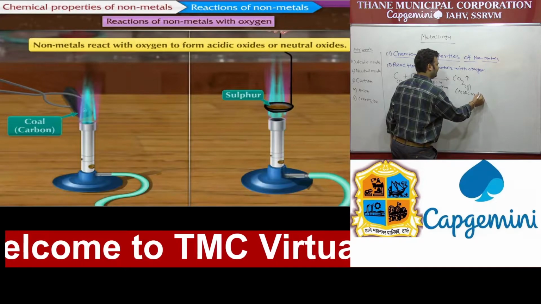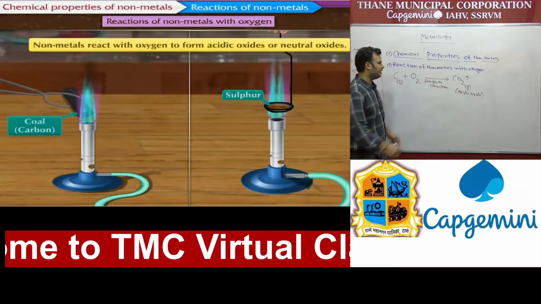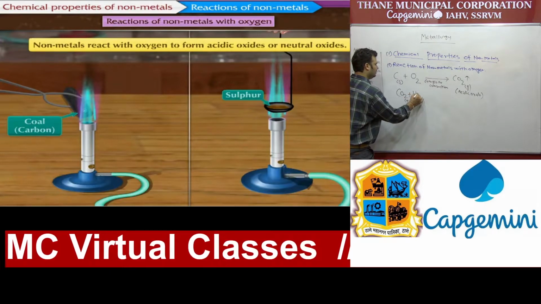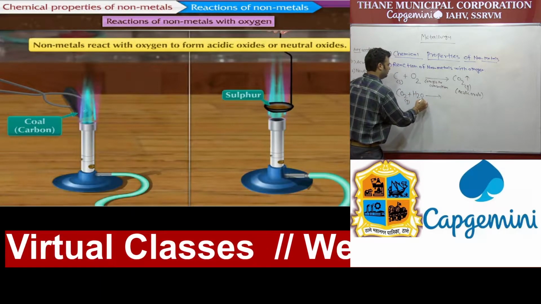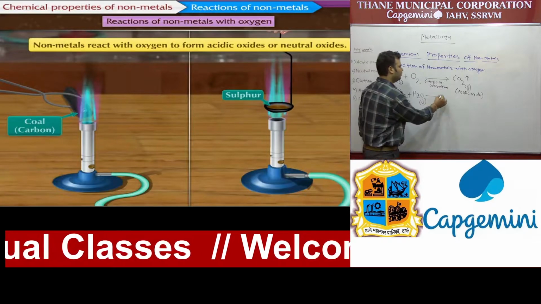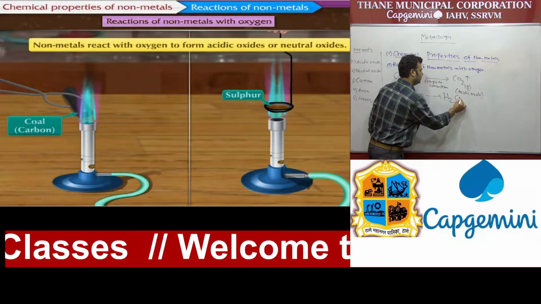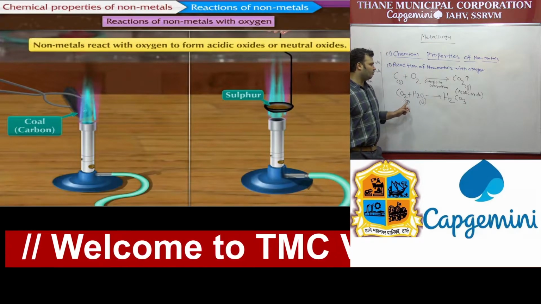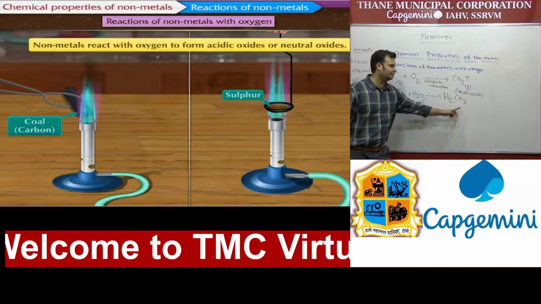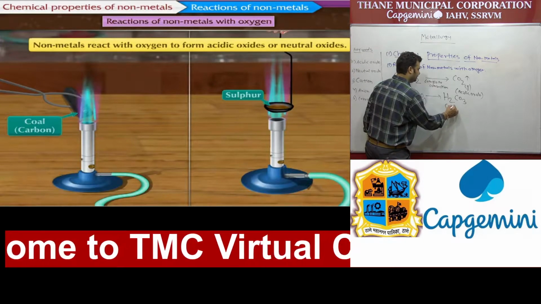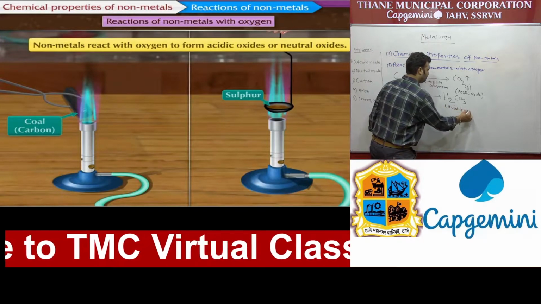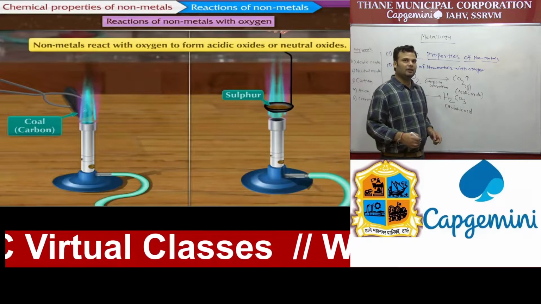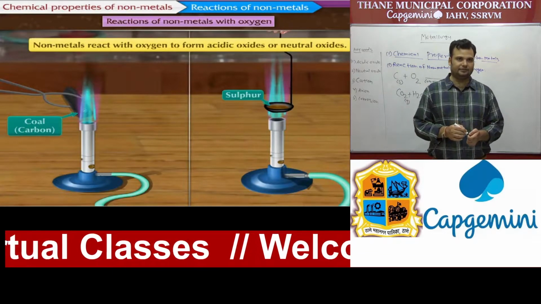How can you prove this? Take carbon dioxide when it reacts with water. Then it forms carbonic acid. So H2CO3, a simple addition reaction: H2C and how many oxygens? 2 plus 1, so total 3. That is known as carbonic acid. A very simple example you can understand in this part.